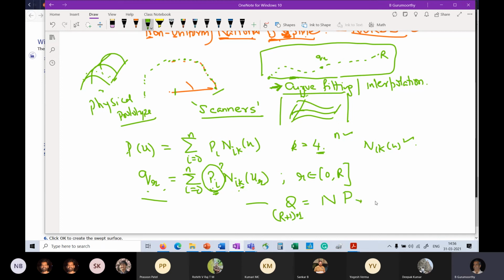P is the other way around. You know, I have n+1 rows and 1 column. Right? So P, you all know how it will look like. It will be P0 all the way till Pn. N is the matrix of r+1 rows multiplied by n+1 columns.